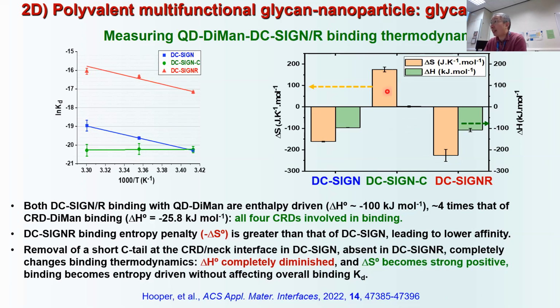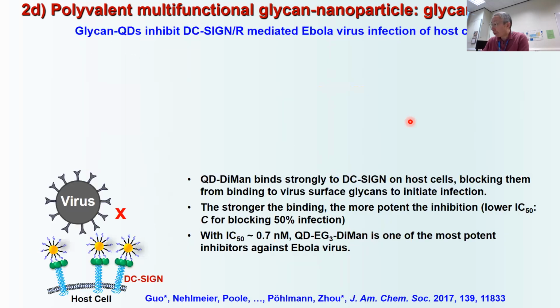And also we found that a small change to a domain that links to the binding domain, the linker, can completely change its binding thermodynamics from enthalpy-driven to entropy-driven as well.